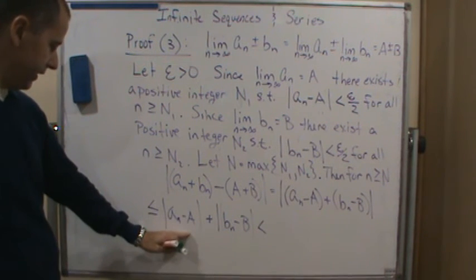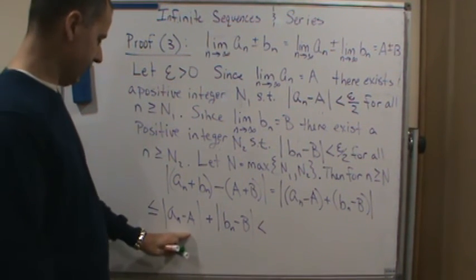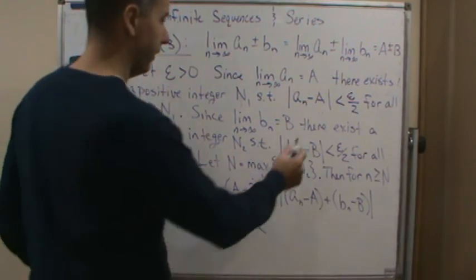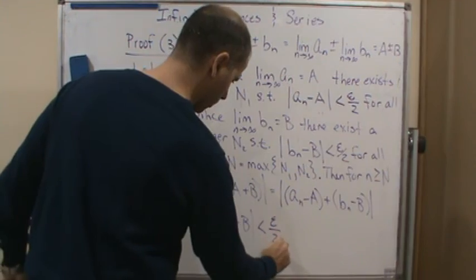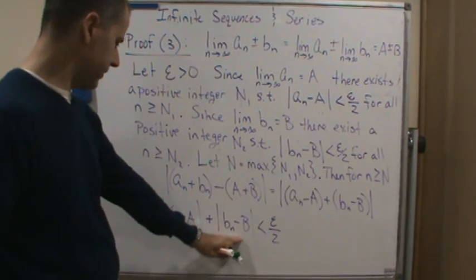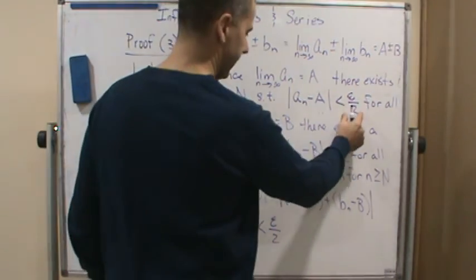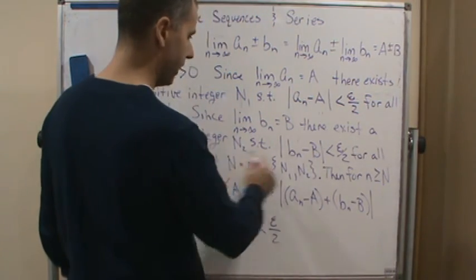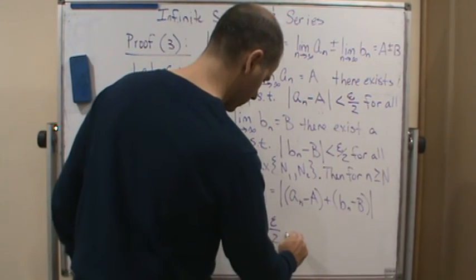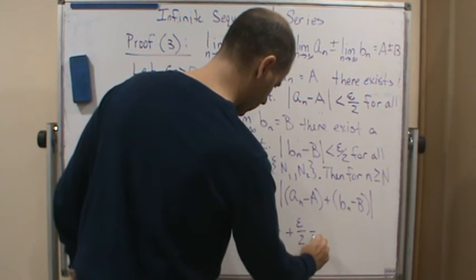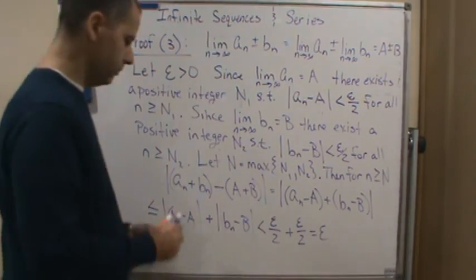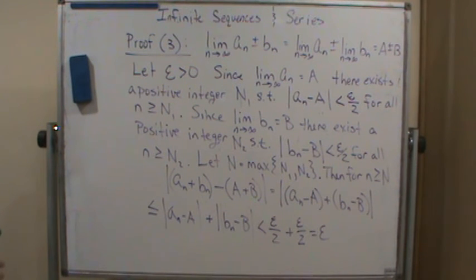Well, we know this is going to be less than epsilon over 2, and this has to be less than also epsilon over 2, which equals epsilon. And there's the proof.